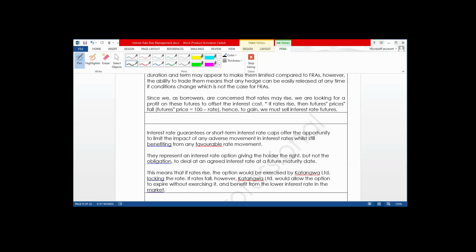Interest rate guarantees are an option to borrow at an agreed interest rate.